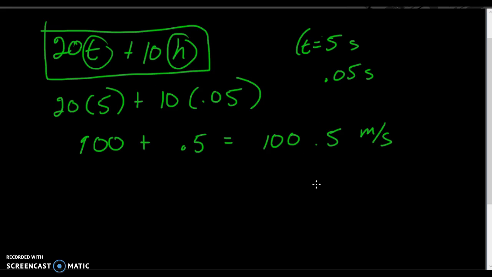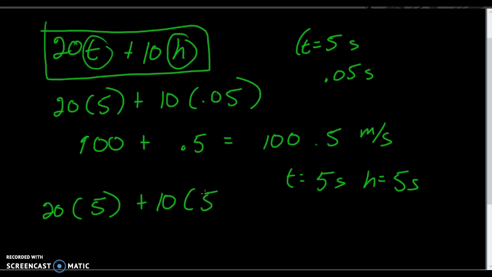So to highlight that, let's say I wanted to know what the difference quotient would be if the original time was 5 seconds, but what would it be like with an h of 5 seconds away? And so I can just plug this in. So this is now 100 plus 50 equals 150.